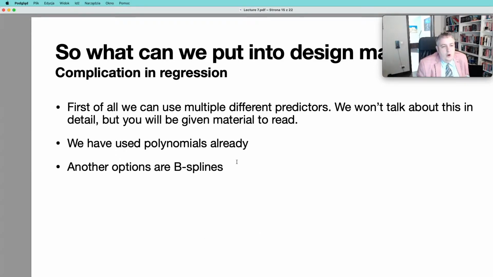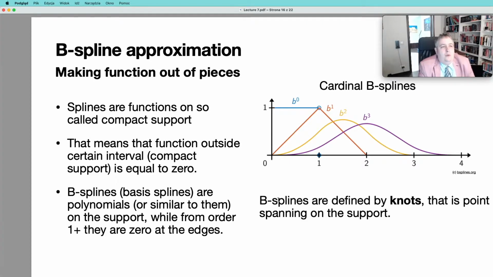So what are B-splines? B-splines are so-called basis spline functions, which are defined by the knots, and generally this is a universal method of approximating functions, where we approximate a function as a sum of functions that are zero outside a certain interval. For example, in this case, it is the interval 0 to 4, for which we have defined 4 cardinal basis functions representing our result.